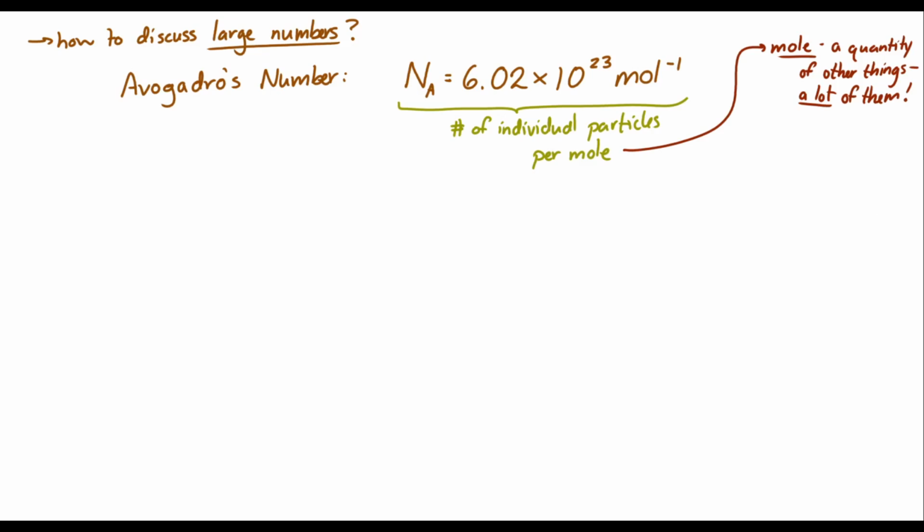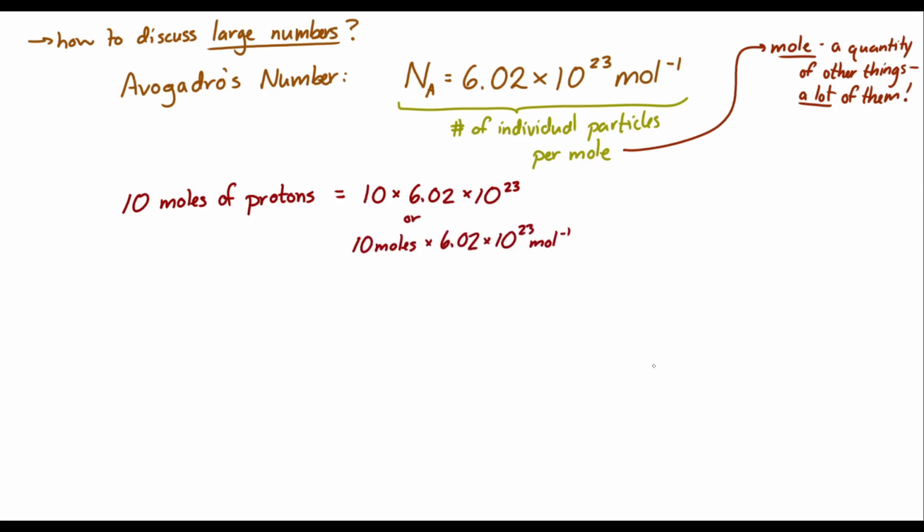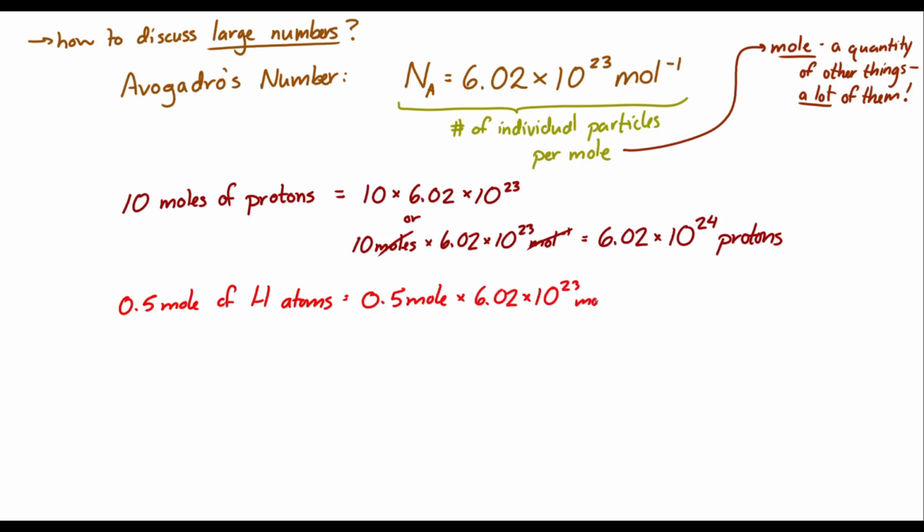So if I have 10 moles of protons, say, then that means that I have 10 moles times 6.02 times 10 to the 23 per mole. So I have 6.02 times 10 to the 24 protons. Or if I have half a mole of hydrogen atoms, well, I have half a mole times 6.02 times 10 to the 23 per mole, which means that I have 3.01 times 10 to the 23 hydrogen atoms.